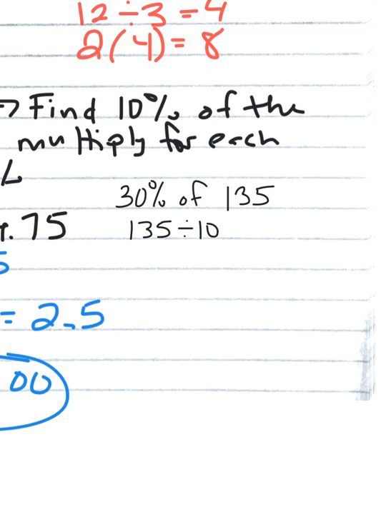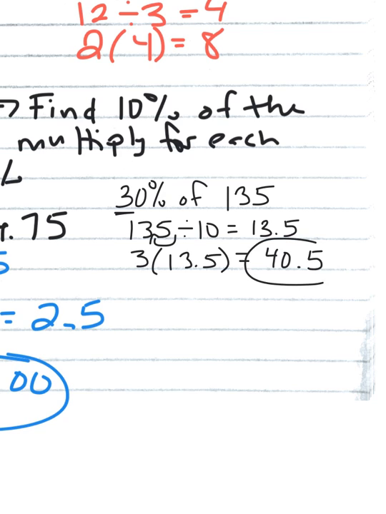I'm going to divide it by 10 to find that 10%, or move my decimal point back one spot, and it becomes 13 5/10. Since I need 30%, I'm going to take 3 times the 13 5/10, and we end up with 40 5/10 as our answer.